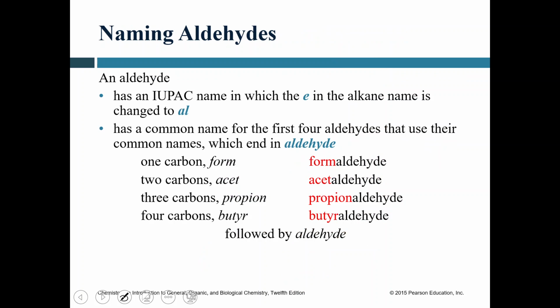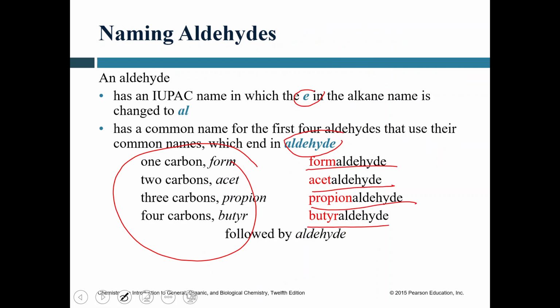So when you name an aldehyde, you take the IUPAC name in which the alkane name is used, but the last E is replaced with AL. Common names for the first four are aldehydes. So formaldehyde, acetaldehyde, propionaldehyde, butyraldehyde.